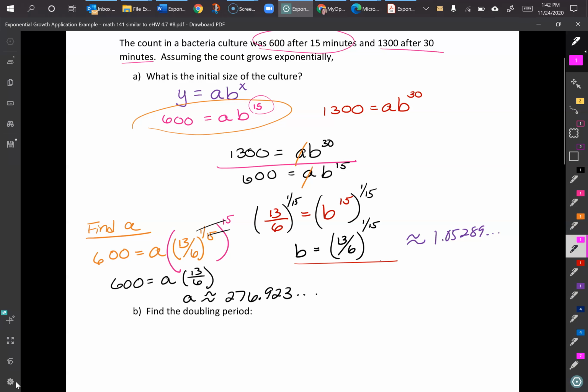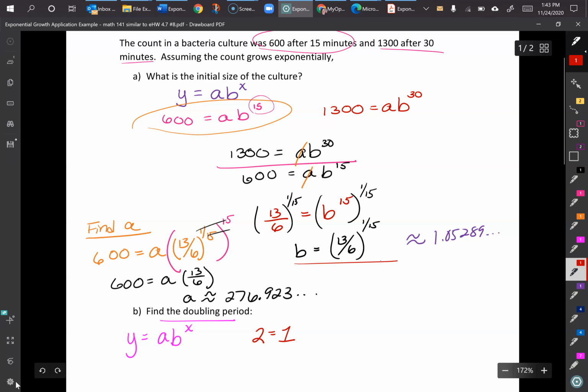So now we're going to look at finding the doubling period. We're going to use our doubling time. So if I'm looking at the same format here of an exponential, y equals a b to the x, doubling time is going to have y be twice as much as my initial a.